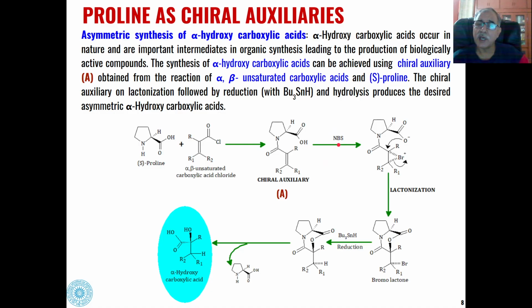You know that N-bromosuccinimide will be used for bromination of this carbon-carbon double bond, and this type of bromonium ion will be formed, and then the nucleophilic attack of this oxygen will take place at this carbon to open this ring, and we will get the lactonization of this part of the molecule, and this type of lactone will be formed, and bromine will go to this position.